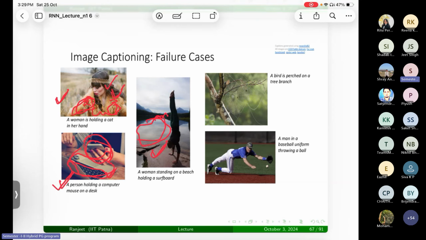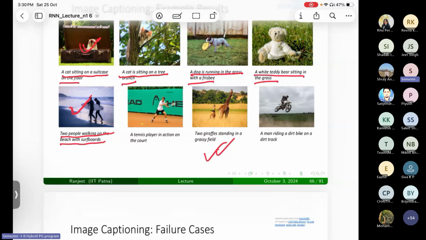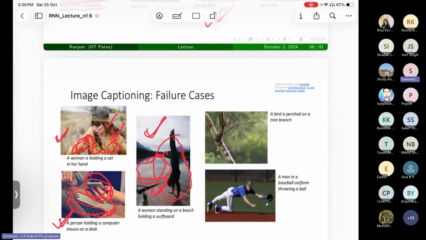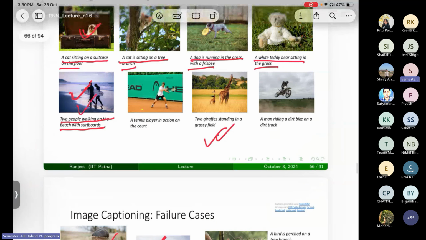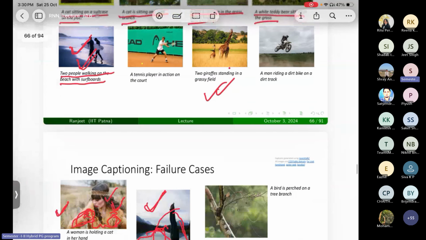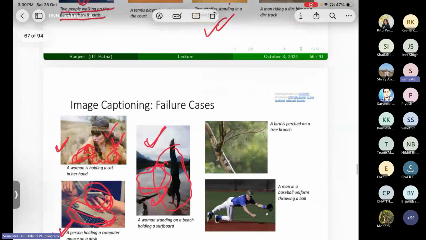Because most of the time you have shown this type of image, where people were just holding the surfboard, and now you're showing this totally different image. So it's not there in the training, and that's why your model is getting confused, because it's trying to match with some of the training samples, and in some way it's getting matched with these type of images, and that's why it's giving you woman standing on a beach holding a surfboard.